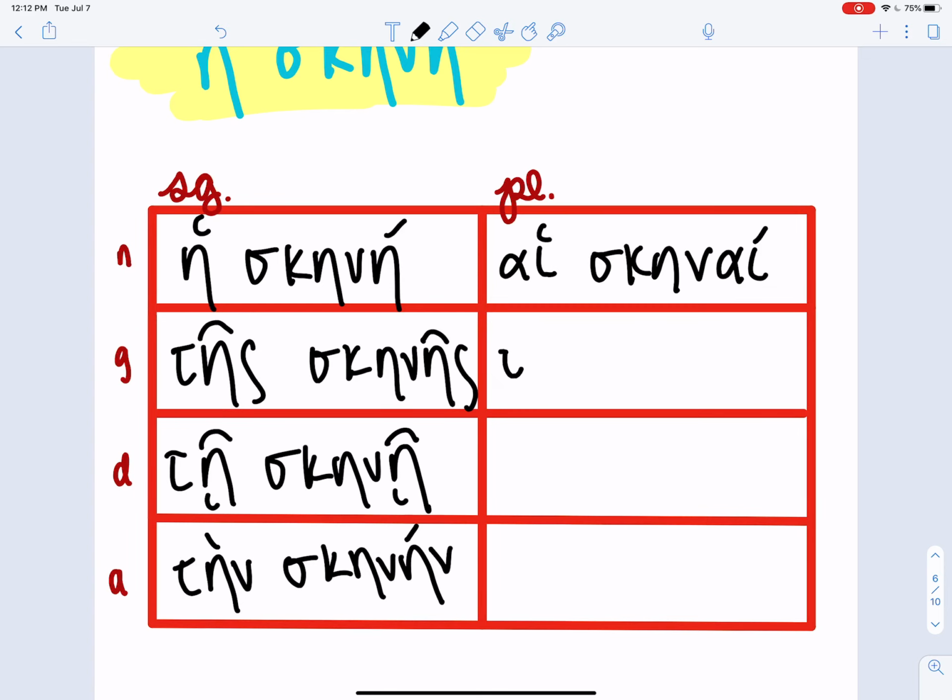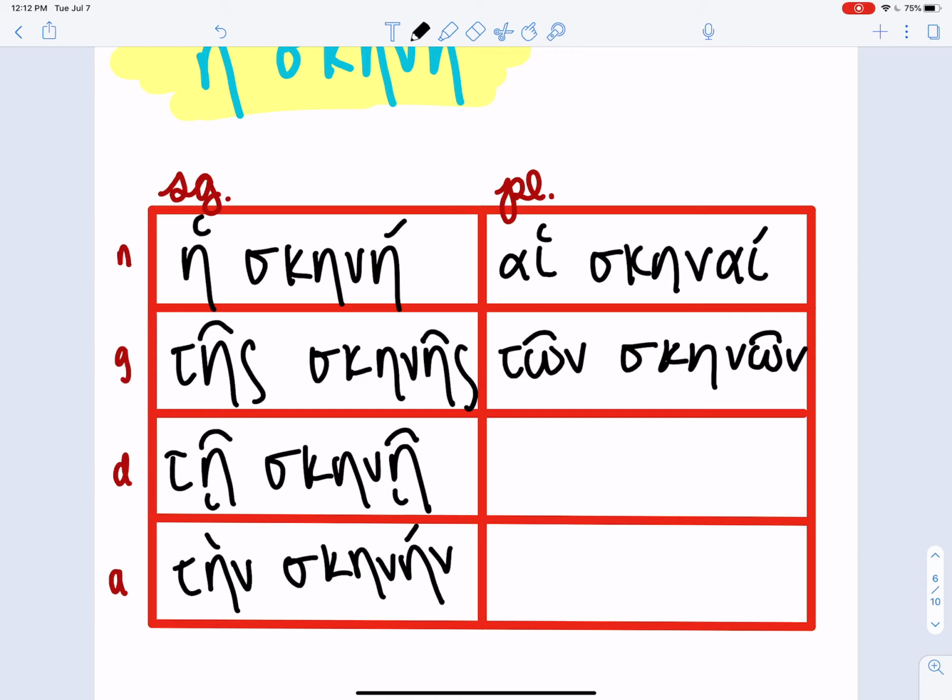Then ton, with a circumflex over the omega, and skenon. And there, the same rule applies, and we put a circumflex over the omega.